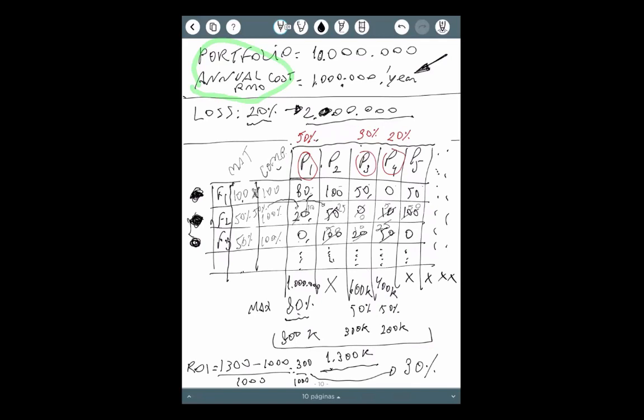Let's see P3. For P3, the highest one was 50 and it's still 50, okay? Because this 20 now is 10, but 50 is the highest one. But before, the highest one was 50 and now that 50 is 25, because we used our combination of maturity and competence to reduce it.